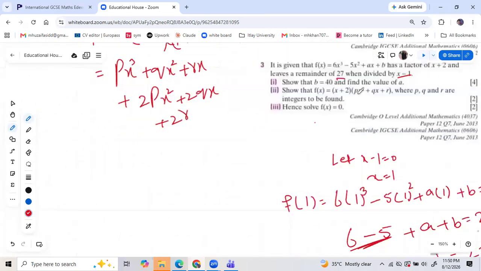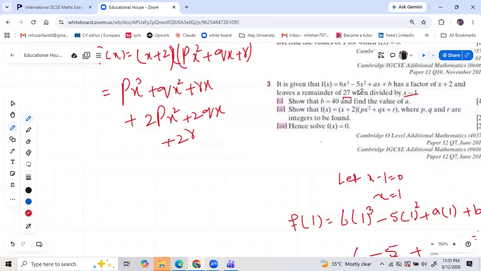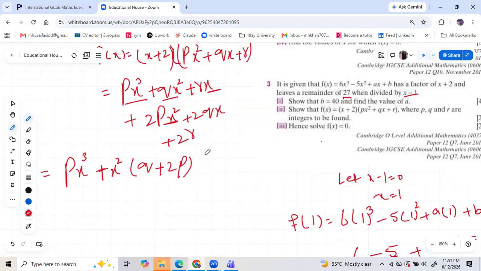Now we can rearrange it. px cubed is as it is, and for x squared, taking common, q plus 2p. Then taking x as common, r plus 2q, then plus 2r.